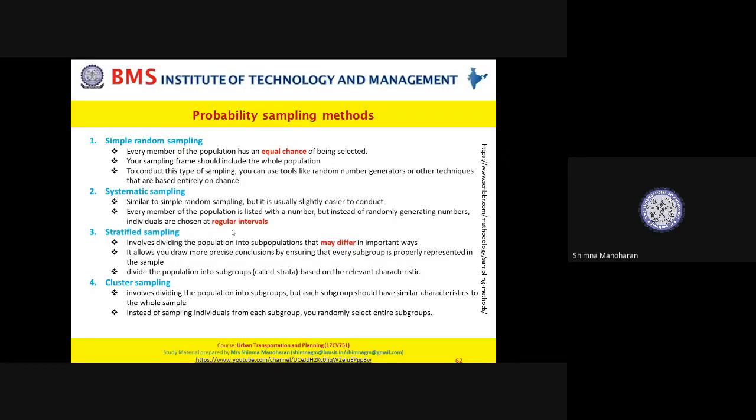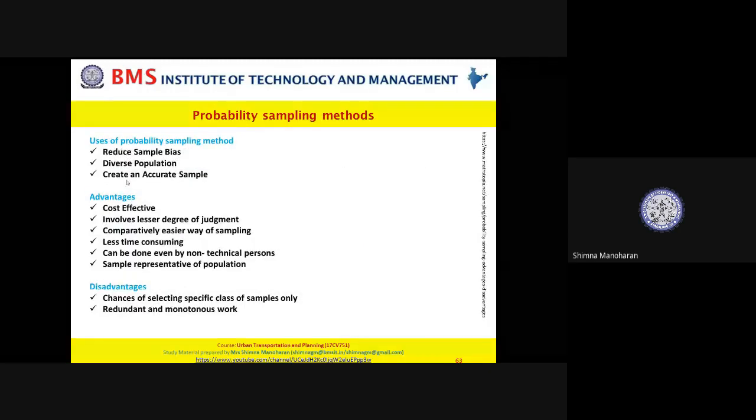You give them numbers and then randomly choose a number at regular intervals. Stratified sampling is where the population is divided into subpopulations that may differ in important ways, so you form the subgroups and then choose the sample. In cluster sampling, the entire population is divided into subgroups, each with similar characteristics, and instead of sampling from the subgroup, the entire subgroup is randomly selected.